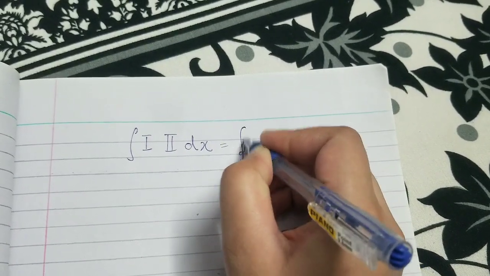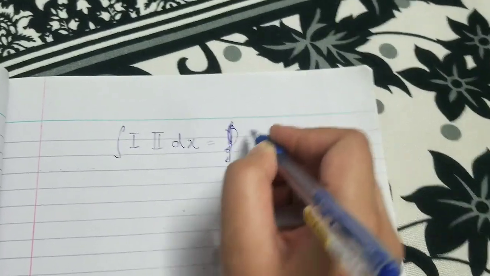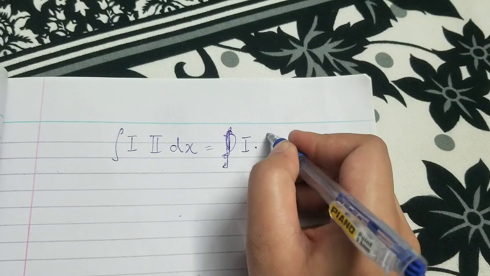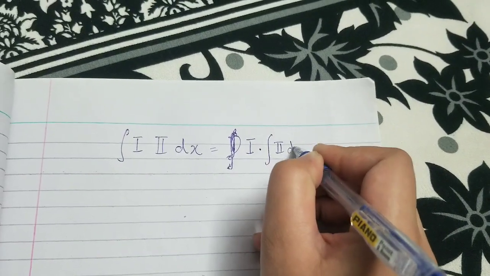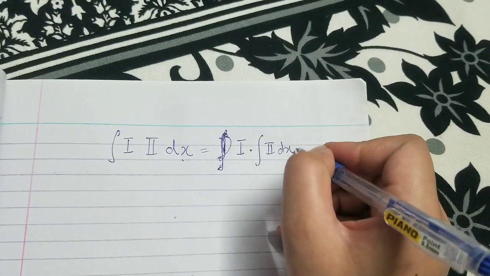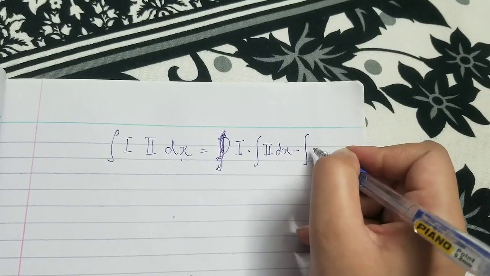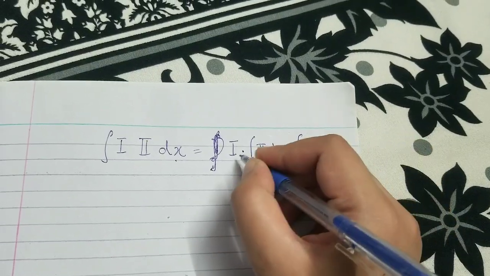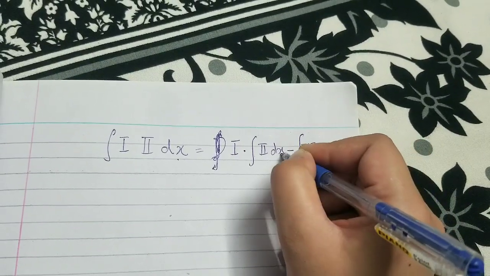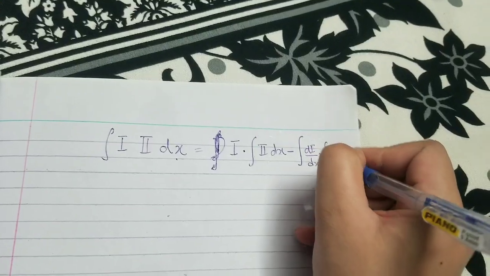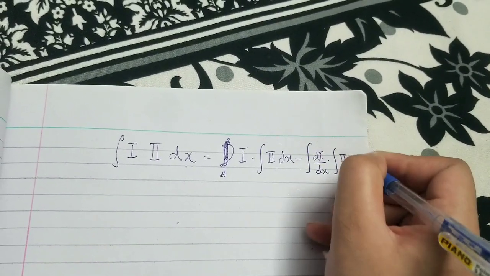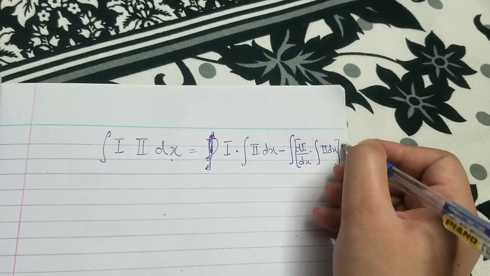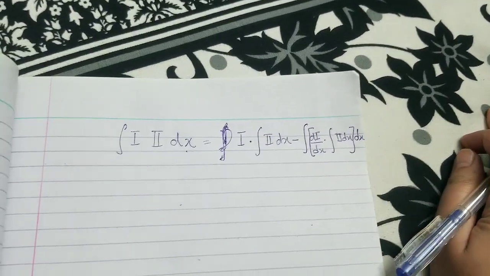We write the first term as it is, then we integrate the second term with respect to x, with a negative sign, then the integral again, where we differentiate the first term with respect to that variable, dot the integration of the second term again, and this whole result that we obtained is integrated again with respect to x.